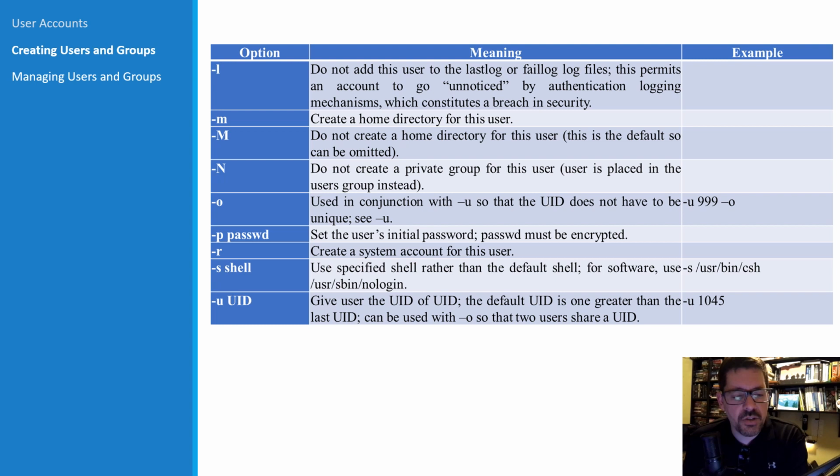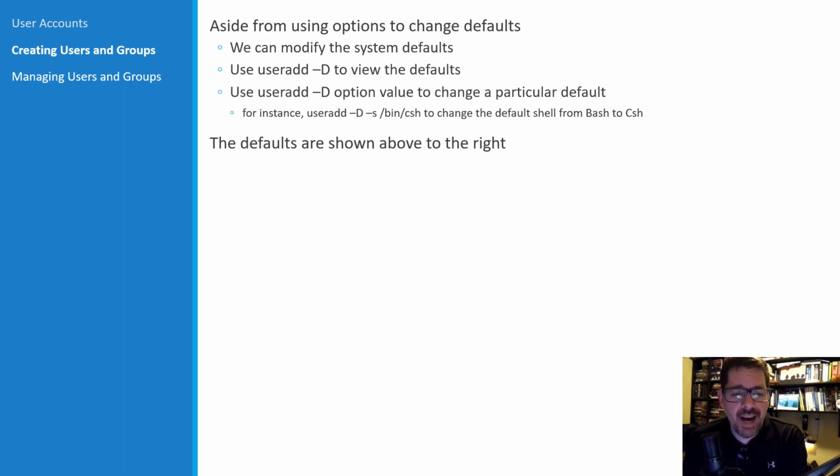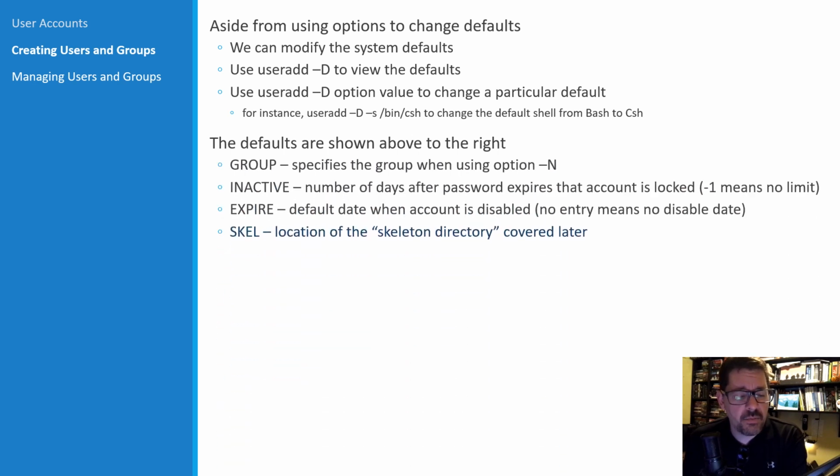So just a couple different options here for the command. And these are some additional options, and again, these are all enumerated in your textbook. Aside from using options to change defaults, you can modify the system defaults. You can use -D to view what the defaults are, and you can use the -D option to change a particular default. The defaults are shown in your textbook.